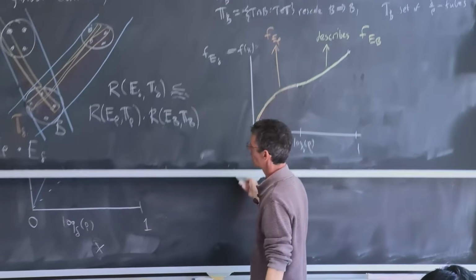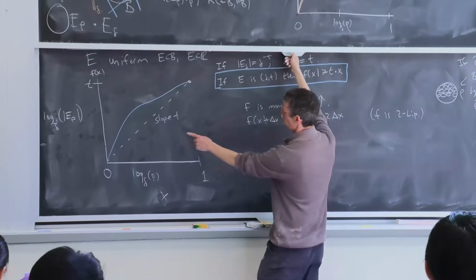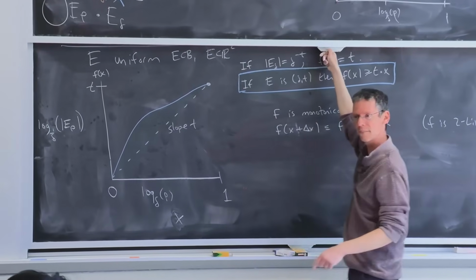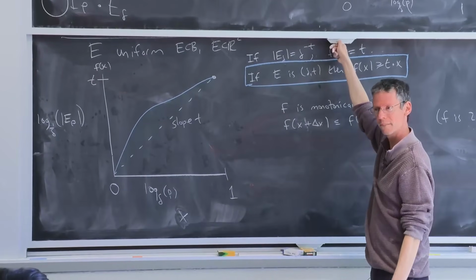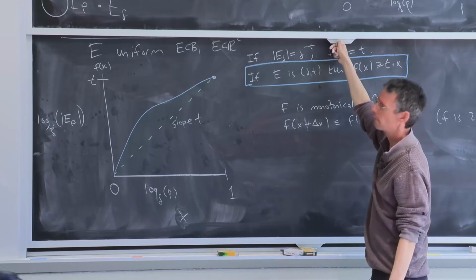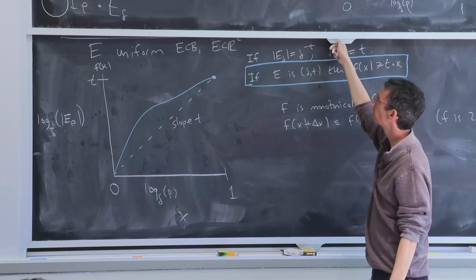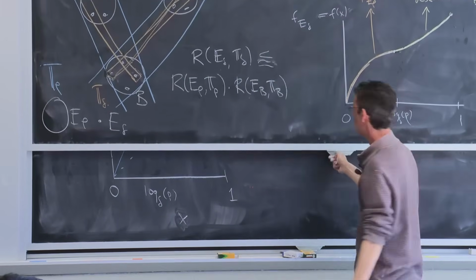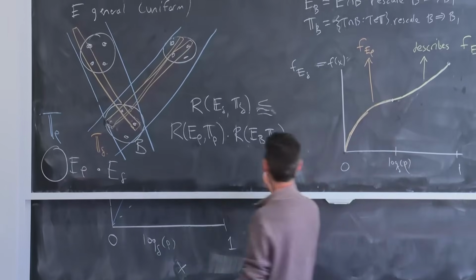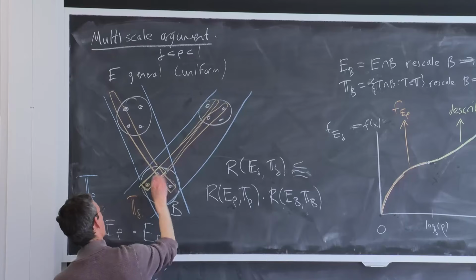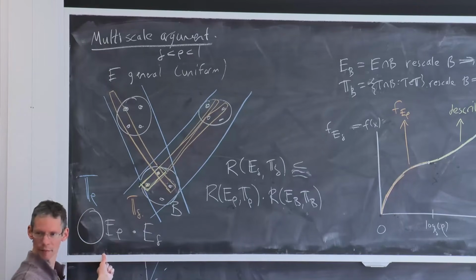OK, great. So what's the situation? We begin with an arbitrary branching function that just obeys this condition. Going back to the multi-scale or the submultiplicative lemma, why is the second one, R of E B, T B, the number of delta balls in the rho ball? Unless I'm misunderstanding. Right. So this R of E B T B is supposed to be counting the number of delta balls in a segment like that.